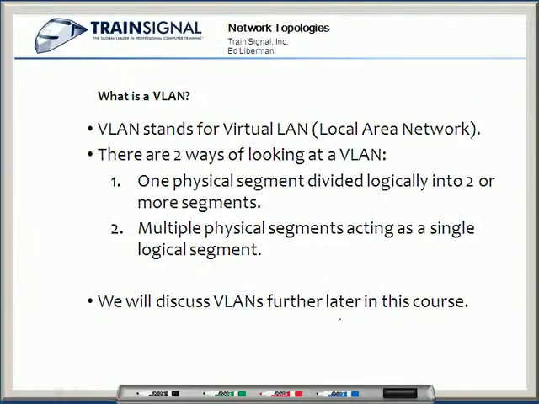But for right now, just the general idea: this is all part of your network topology. Your network topology may be something as simple as a local network with a star, bus, ring, whatever. But part of the logical aspect of your topology might include users who work at home or are out on the road, and they are connecting via a VPN, so they're part of your network topology. And then we have the VLAN, which is where we logically change the topology from the way it's physically put into place.